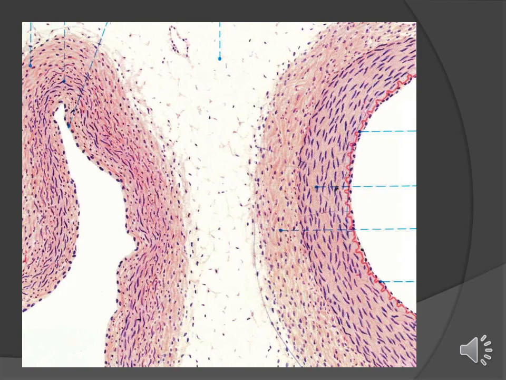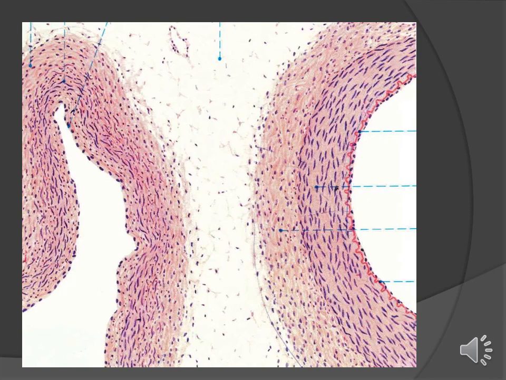This slide shows two types of blood vessels: the artery, right, and the vein, left. Please pay attention to the lumen of these vessels. The lumen of the artery is regular and open. The lumen of the vein is irregular.